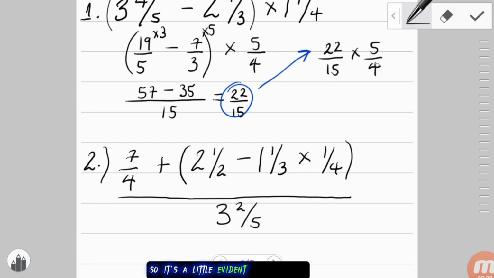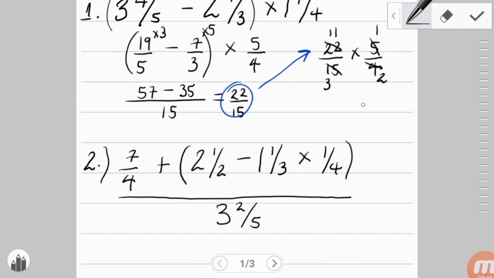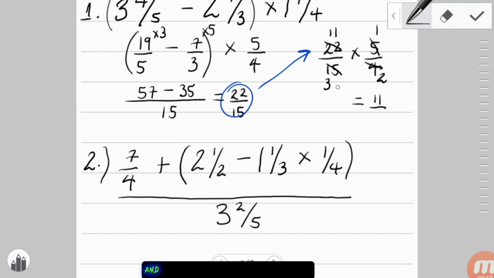So it's evident here that 2 divides into 4 2 times, and 2 into 22, 11. We can say 5 into itself 1 time, and 5 into 15 3 times. So we end up with a final result of 11 times 1 is 11, and 3 times 2 is 6. Now, we don't usually recommend that you leave your answer in an improper form.